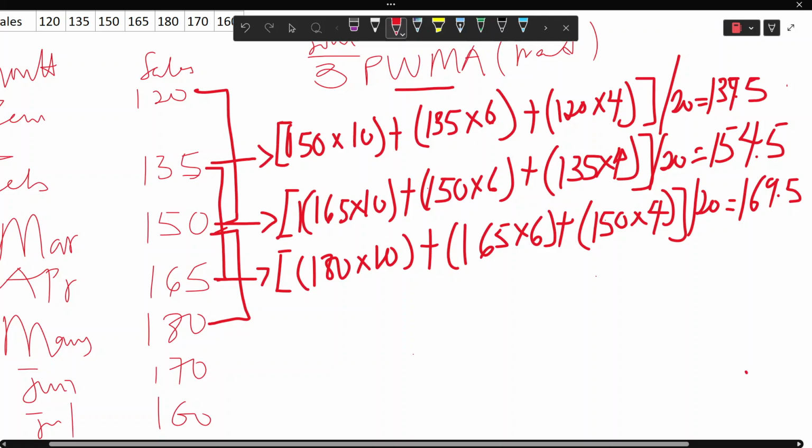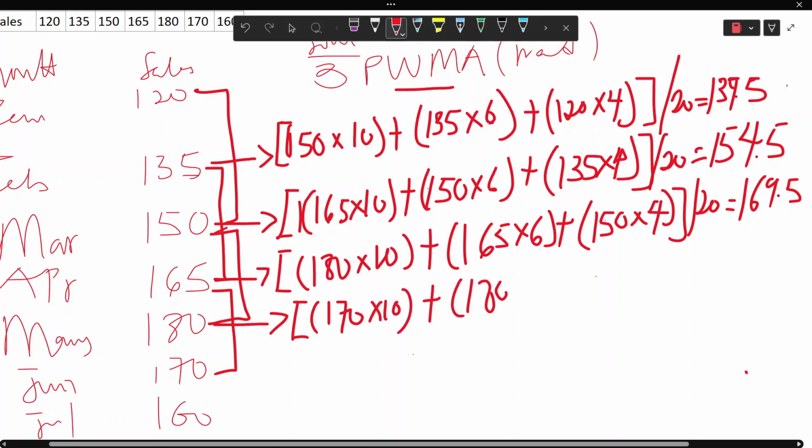We also have from 165 to 170. So the most recent data is 170. 170 times 10 plus 180 times 6 plus 165 times 4, all divided by 20.